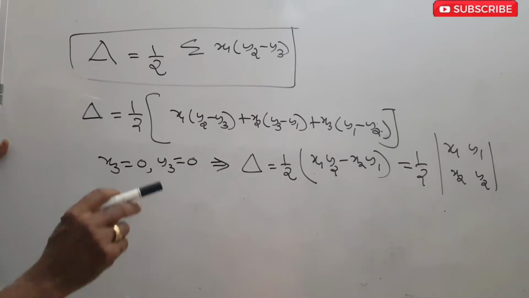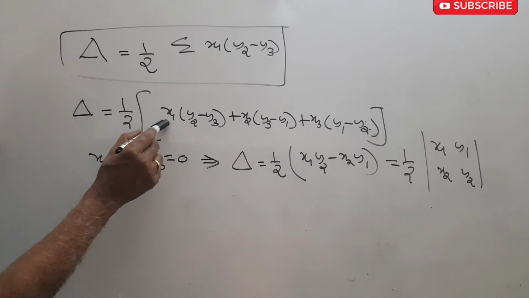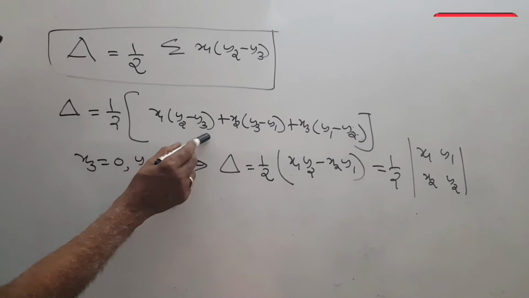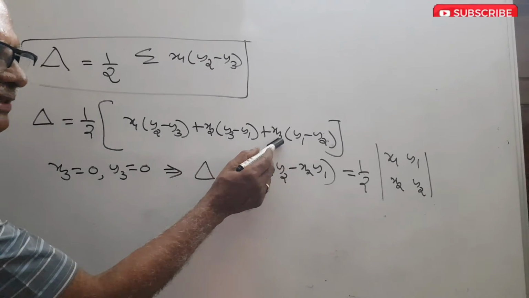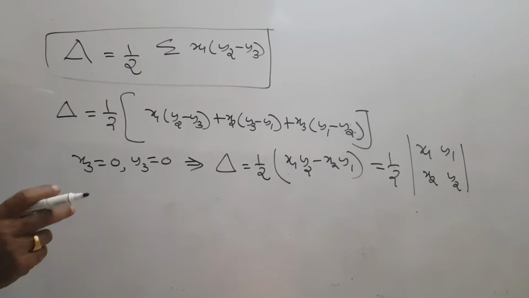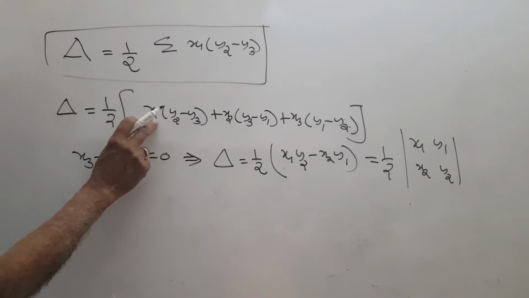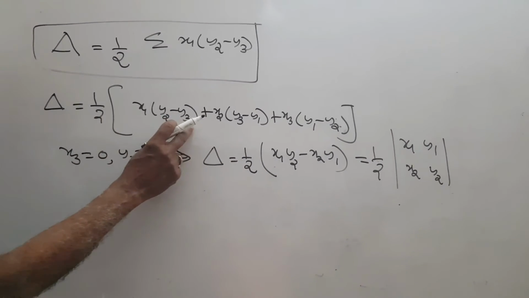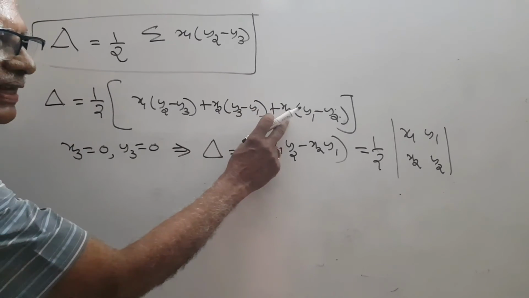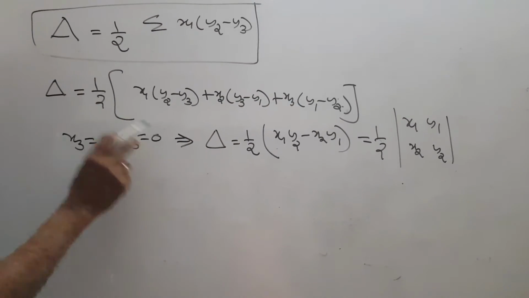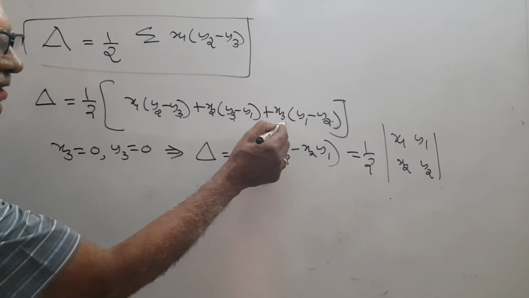Let us see how we can make this formula shorter. Delta is half x1 into y2 minus y3 plus x2 into y3 minus y1 plus x3 into y1 minus y2. Consider the origin at the first vertex, so x1 and y1 are 0. Then the area will become half, and this is 0, this is 0, this is 0.